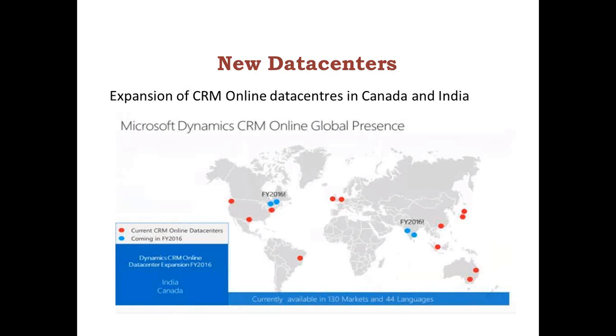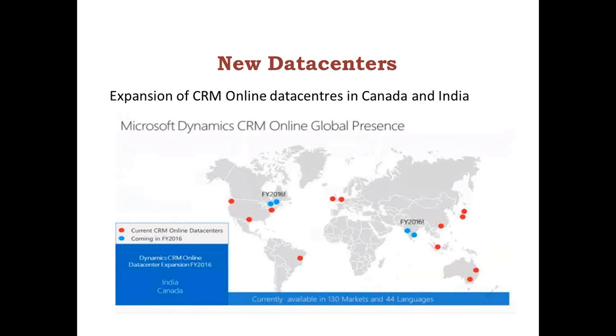In a similar way, the data centers in India are going to open in the North region and the Southeast region: in the Northwest region in Chennai, and in the Southeast region in Pune.